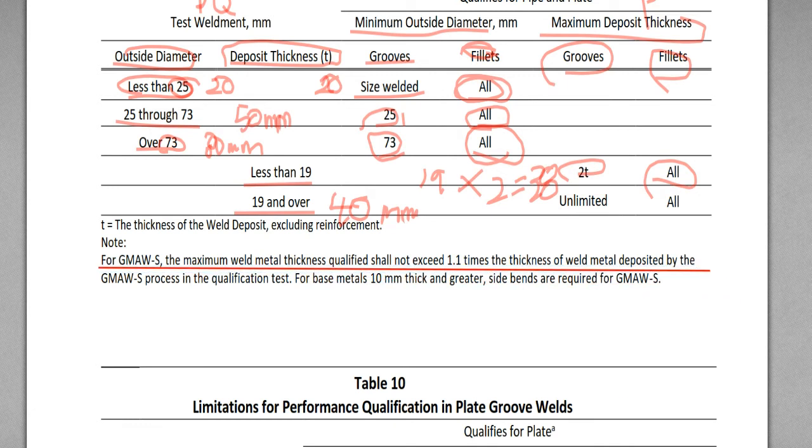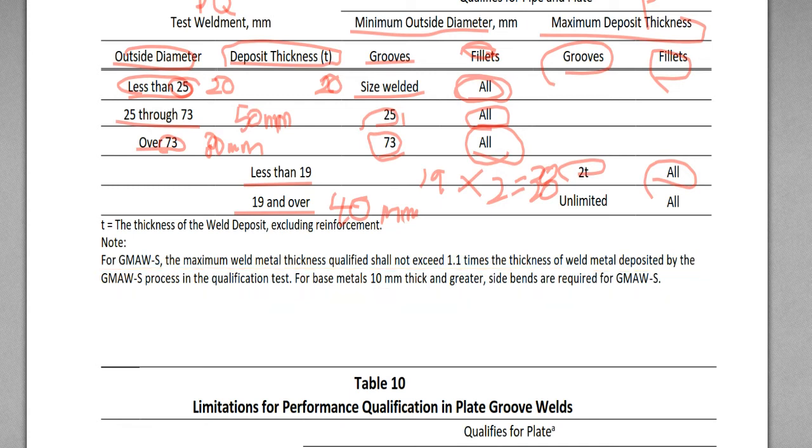For GMAW-S, the maximum weld metal thickness qualified shall not exceed 1.1 times the thickness of weld metal deposited by the GMAW-S process in the qualification test for base metals 10 mm thick and greater. Sidebends are required for GMAW-S.